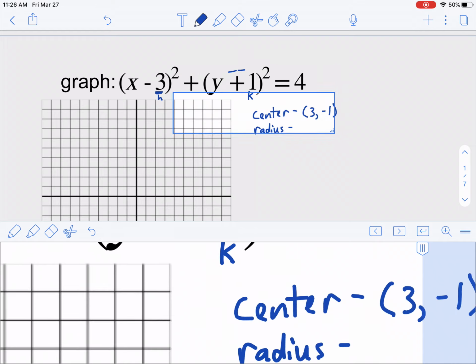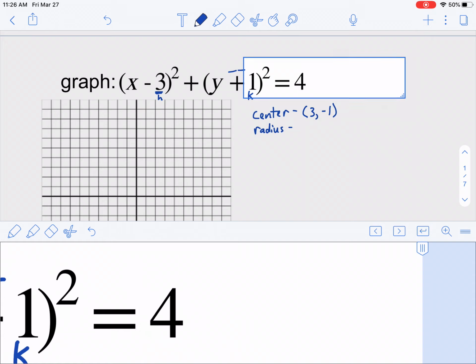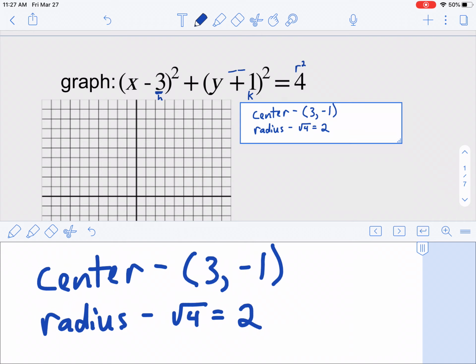And so that is why it's (3, negative 1). And the radius, 4, remember, that's r squared. So the radius is going to be the square root of 4, which is 2. So our center is the coordinate (3, negative 1), and the radius is going to be 2.